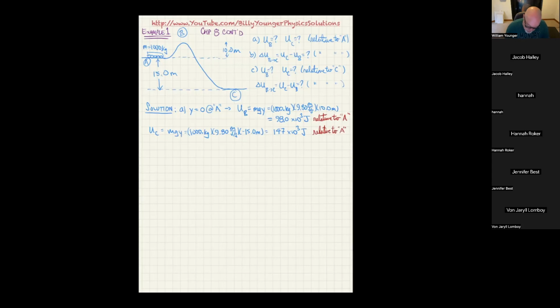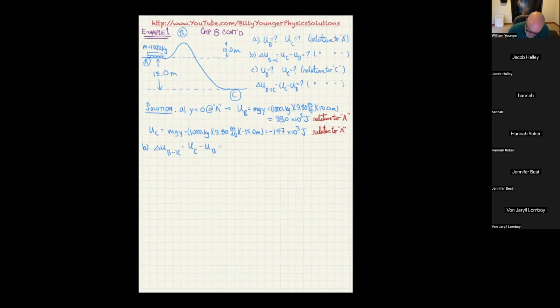Okay. So we can now do part B. And for part B, they want to know delta U going from B to C, which of course is U at C minus U at B. Remember, it's always final minus initial. So from this, we can see that this would be, oh, by the way, I forgot a negative sign over here.